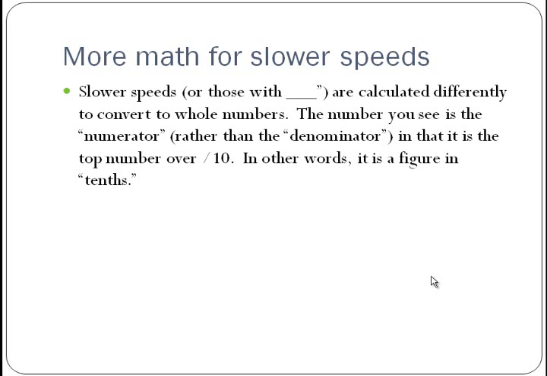The number you see is not the denominator, it's the numerator now. It's the top number over 1/10. In other words, it is a figure in tenths. And now we can get a little further, and you're going to stop this video and study this page again. And it's all going to make sense.